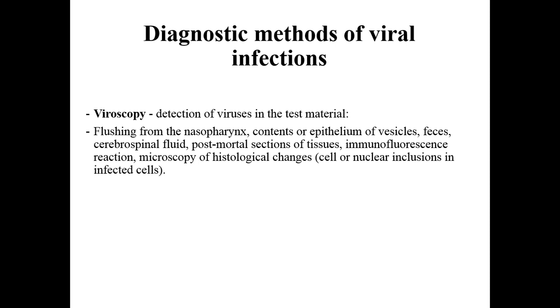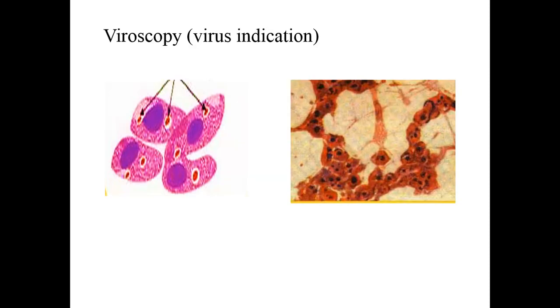Materials include flushing from the nasopharynx, contents or epithelium of vesicles, feces, cerebrospinal fluid, and postmortem sections of tissue, examined by immunofluorescence reaction and microscopy of histological changes, and cell or nuclear inclusions in infected cells. Viroscopy, virus indication.